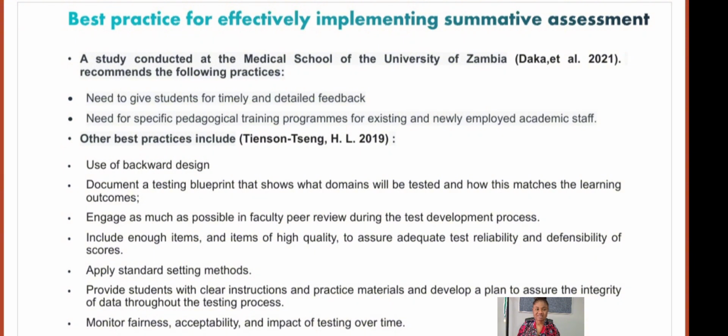Document a testing blueprint that shows what domains will be tested and how this matches the learning outcomes. Then share the blueprint with all stakeholders. It also includes engaging as much as possible with faculty peer review during the test development process to avoid introducing construct underrepresentation and construct irrelevant variance.